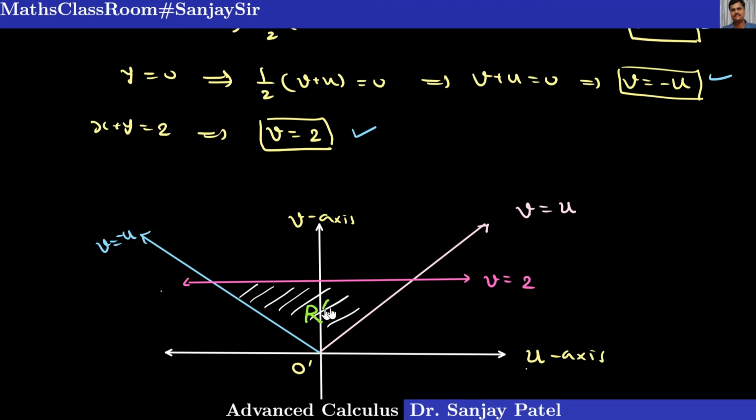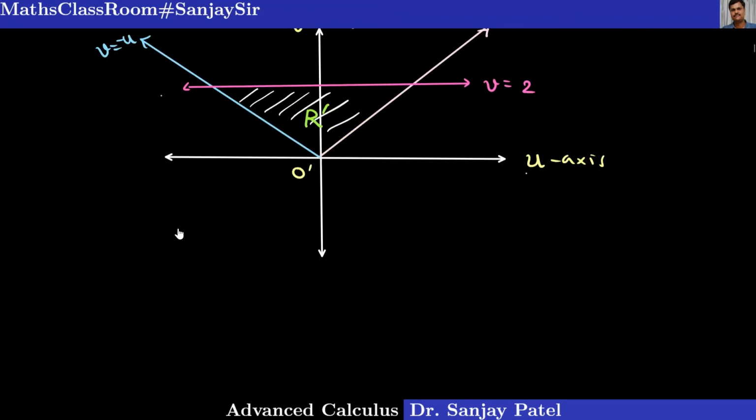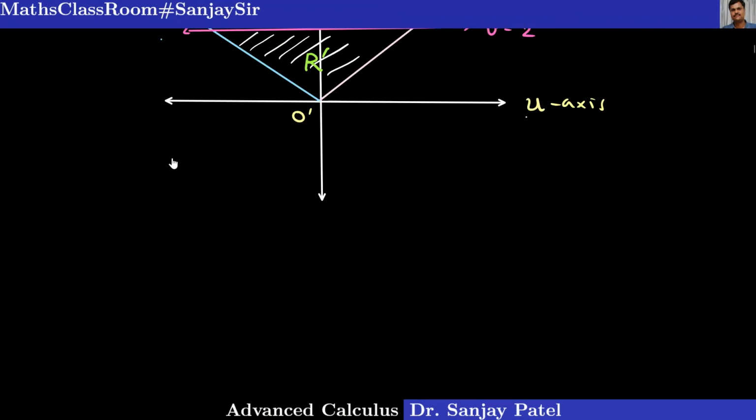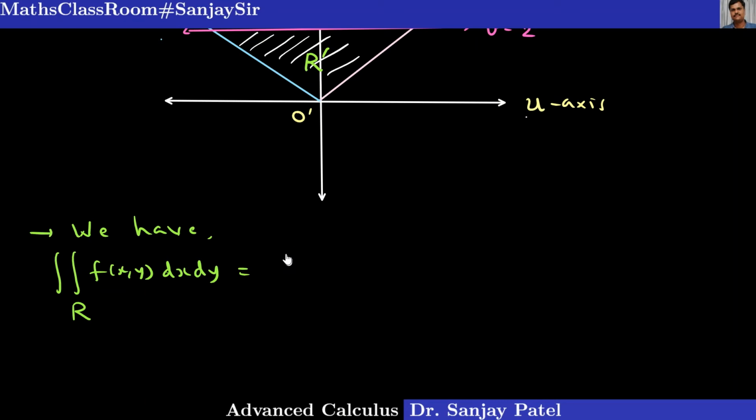So we have our transformation formula. Let me write that. We know that the double integral of a function of two variables over region R, when it is changed into the new system u and v, where x and y are functions of u and v, as I have discussed earlier, we have this formula.